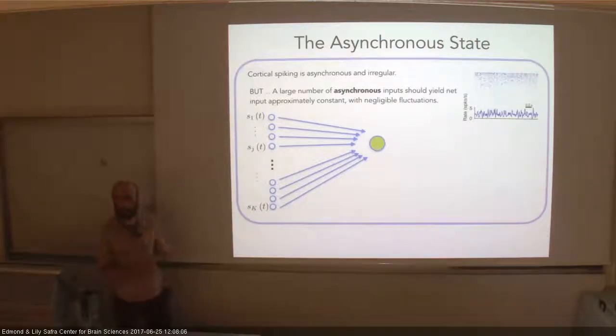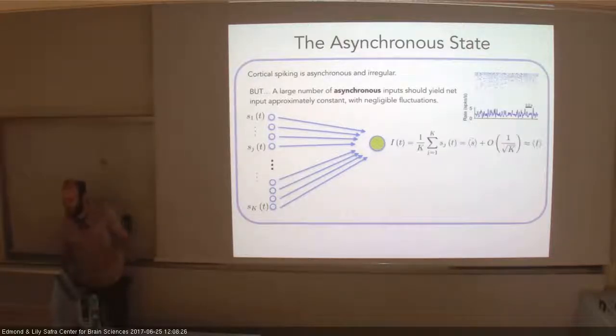And the reason it was hard to explain for simple models is because if you look at a single neuron within that network, and the ensemble of neurons around it are all firing irregularly and without synchrony, then the net input that converges onto our single neuron should be approximately constant, basically by a kind of law of large numbers argument.